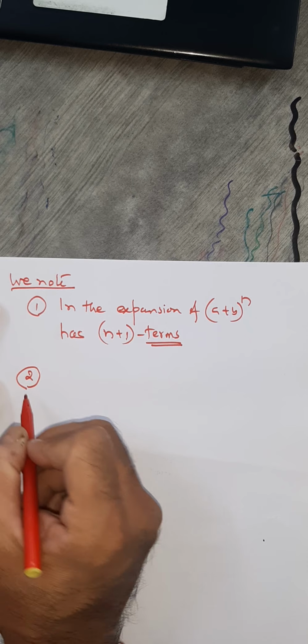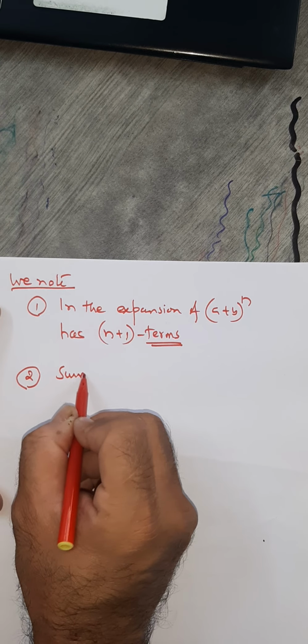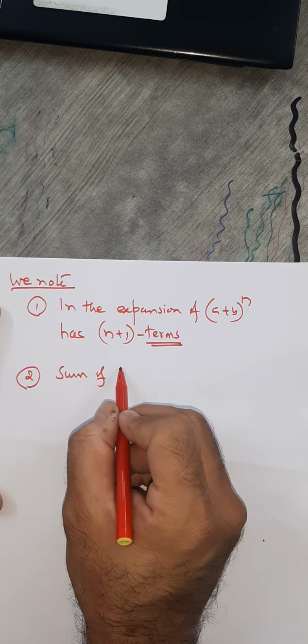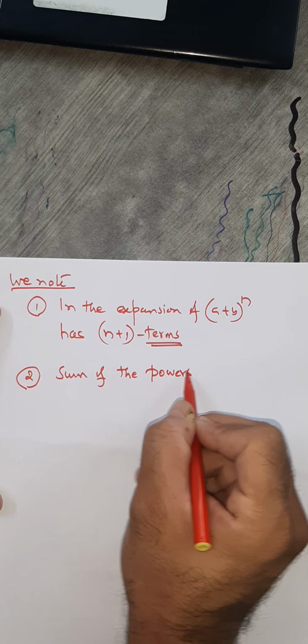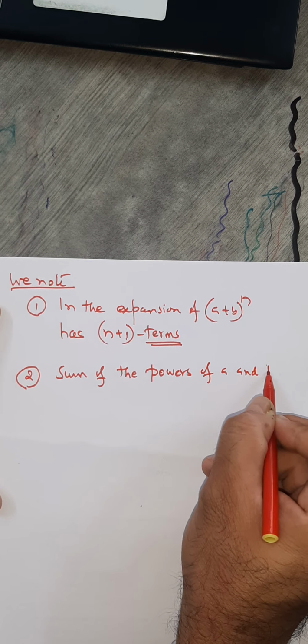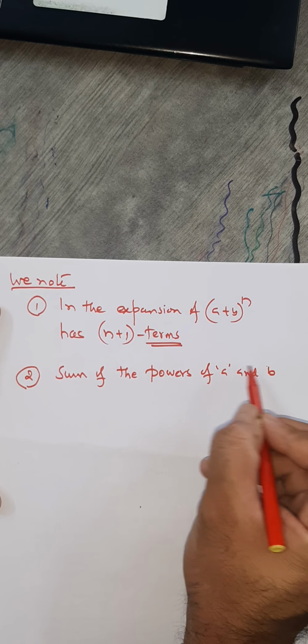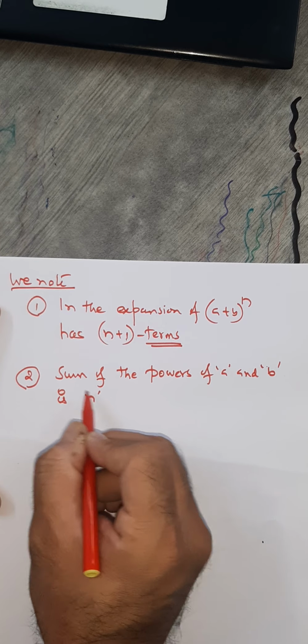That's one thing. Second thing, here the sum of the powers, meaning exponents, of a and b in this expansion is small n, whatever that power.